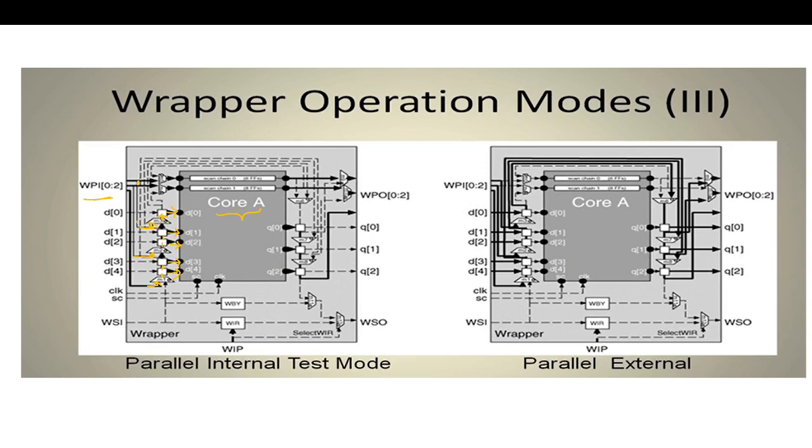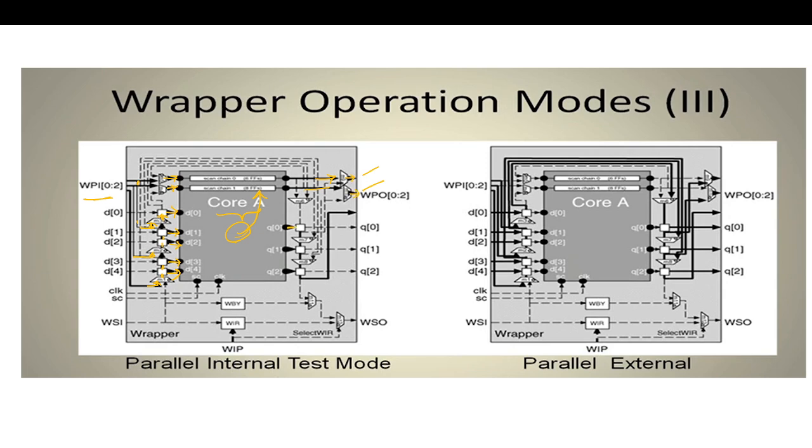Again, the patterns can be shifted from the scan flip-flops to the scan chain. The response of this core will be captured by this scan chain, which will be shifted out parallelly. Now we have 3 bits. So 1 bit, 2 bit, selecting this.